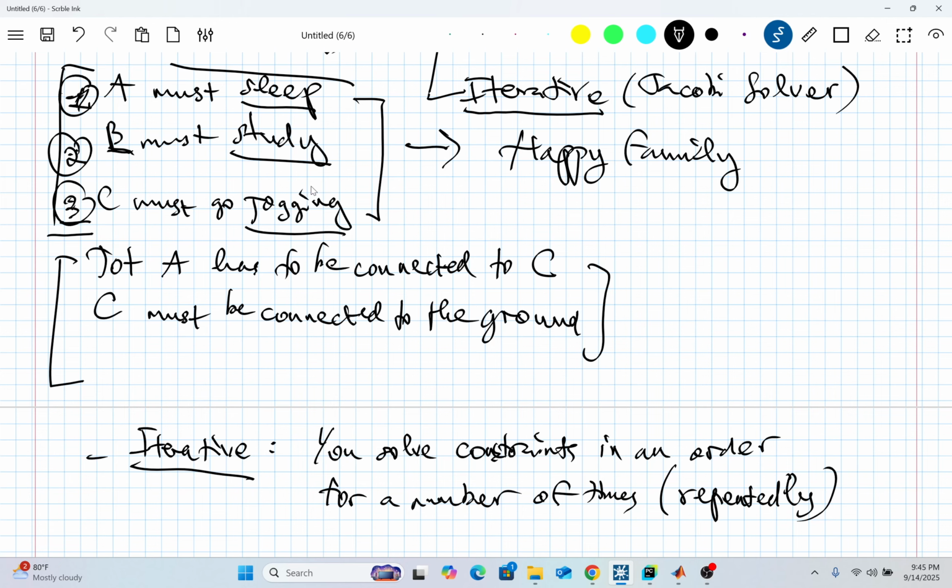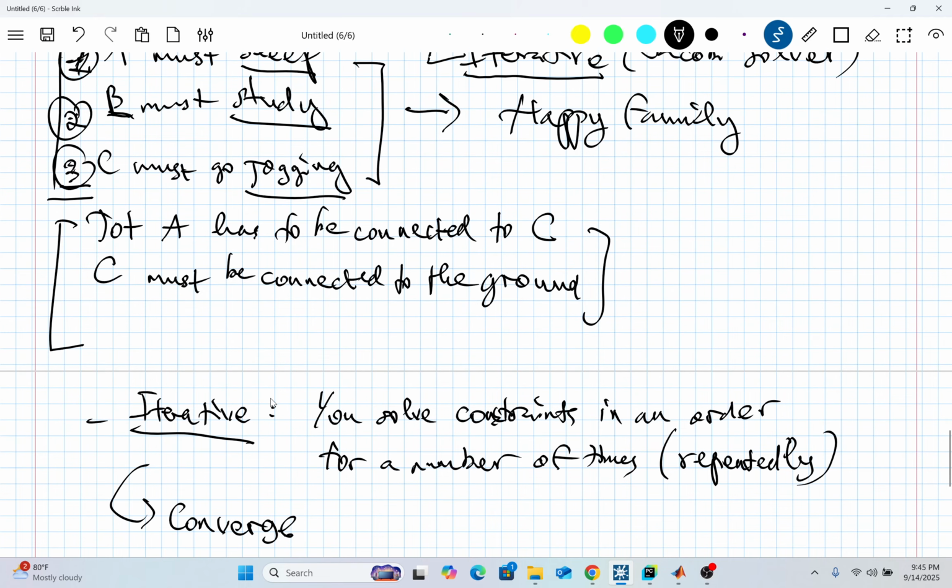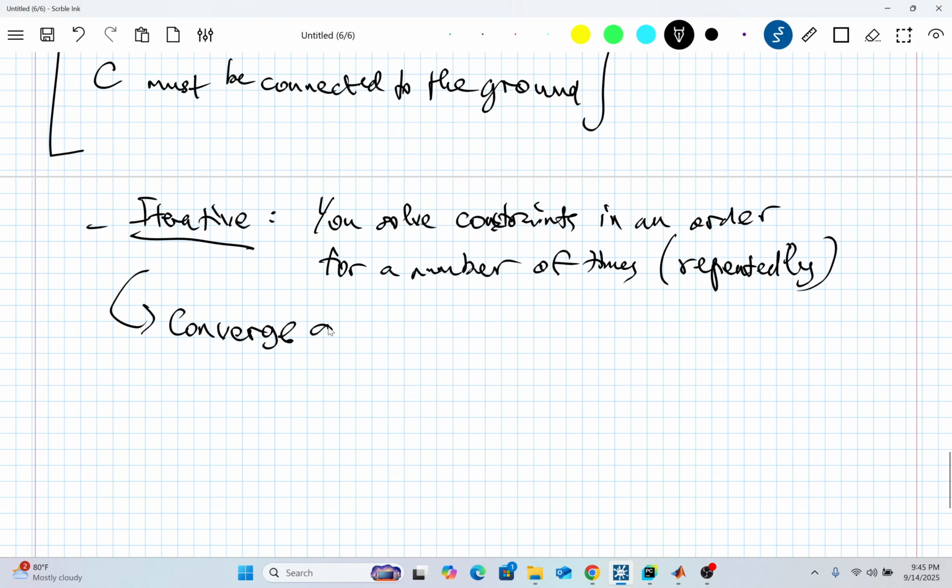And as you continue, it's going to converge, right? If you solve it for one time, the result you get might be very deviated from the actual solution. But if you solve it for a number of times, the more you solve, the more the solutions converge to what you want. That's the intuition. Converge as you solve it many times.